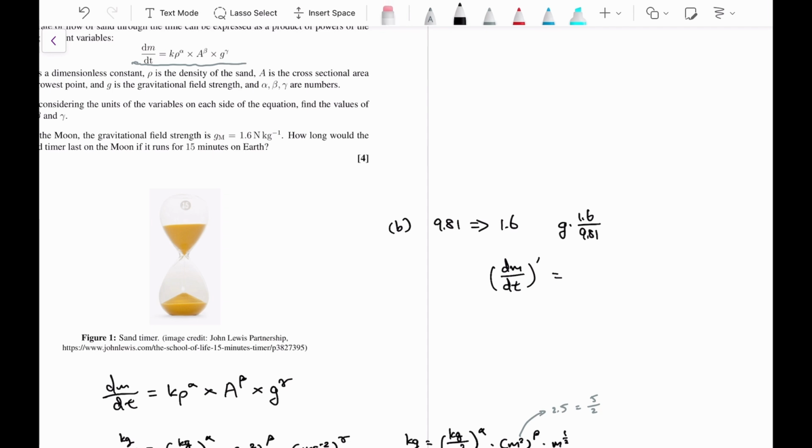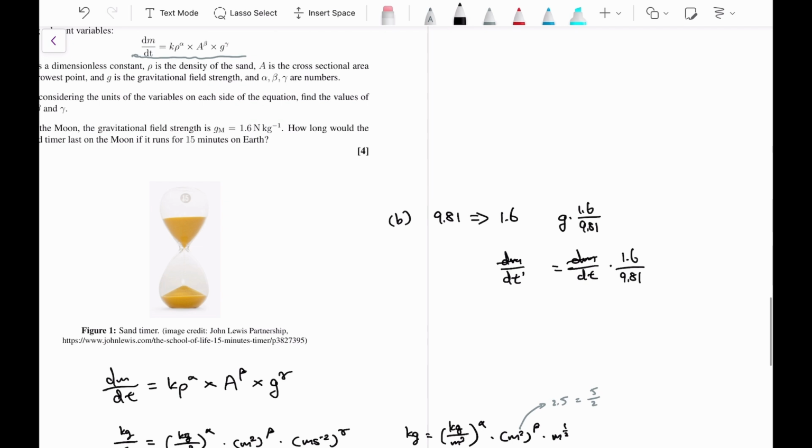Oh, it's dm over dt times 1.6 over 9.81. So over here we can actually simplify this. Basically the mass actually stays the same, so the only thing that changes is just the t. So the dm's cancel out each other, and what's left will be simply 1 over dt, and then we can basically consider it as the total time for the timer.